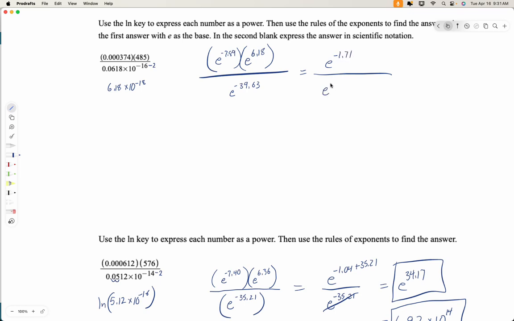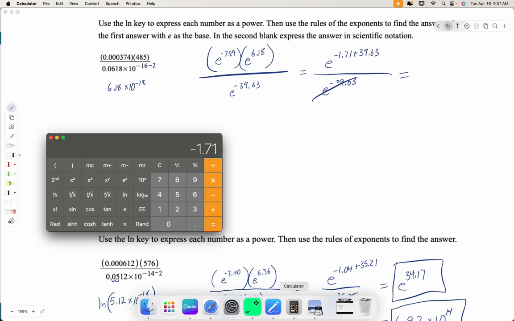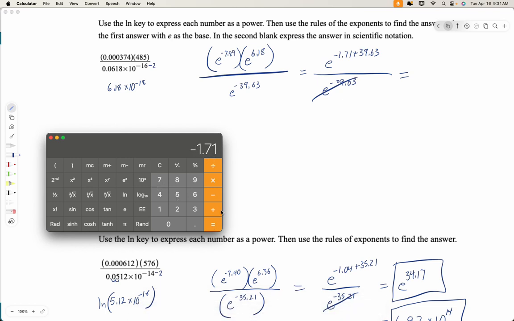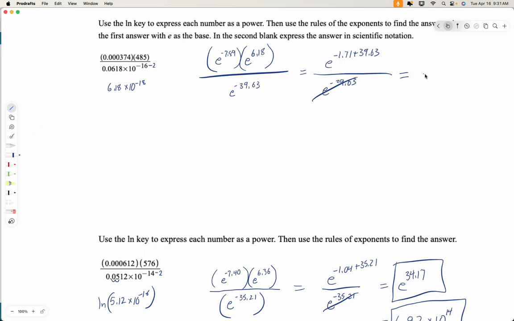And then we have e to the negative 39.63. When we take this to the top, this becomes positive 39.63. So negative 1.71 plus 39.63 is e to the 37.92.